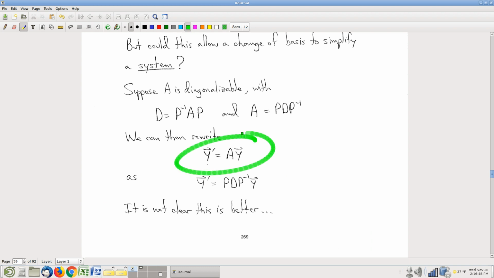We've got our system, y prime equals Ay. If A is diagonalizable, then it's a conjugate of a diagonal matrix. Right? So just plug that in. Haven't really done anything yet. Does this system look simpler? No, not really. Right? If anything, it looks a little more complicated. There's 3 matrices where there used to be 1.